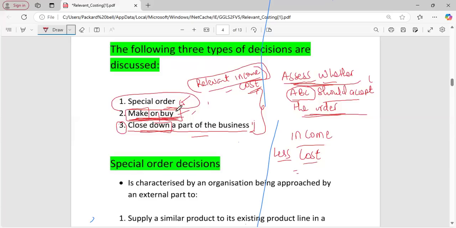If the question requires you to determine whether to make or buy, it means you need the relevant cost of making and the relevant cost of buying. Then you compare those two. But if it is only a special order like this, as long as there is going to be incremental income from the special order, then it means it's going to be accepted.